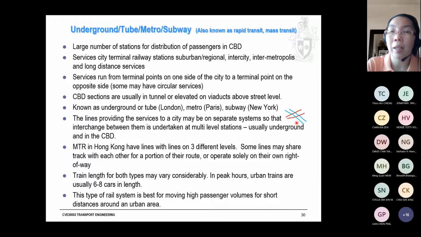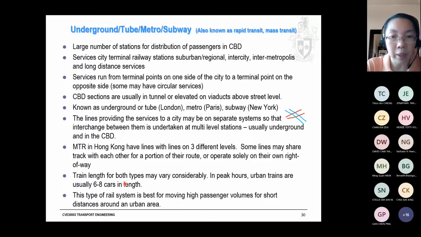But if you are in a geotech class, then you would be concerned about the underground construction, tunneling. You'll be tunneling one tunnel, another tunnel in a different direction. So if you have 3 levels, you would have 3 different underground tunnels. So it's a very geotech-heavy type of construction.